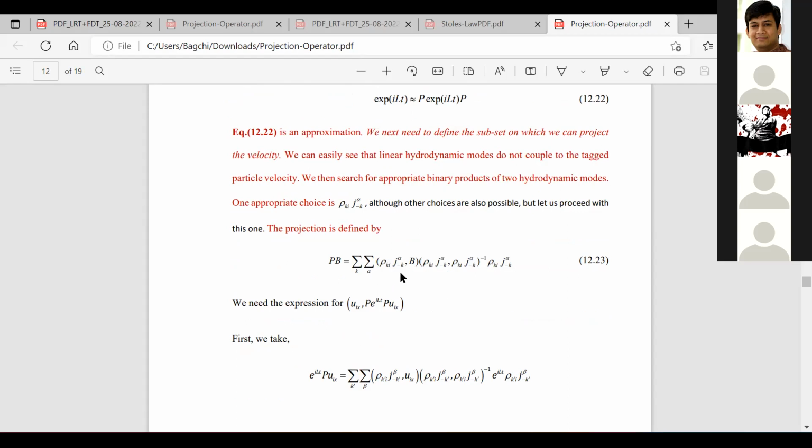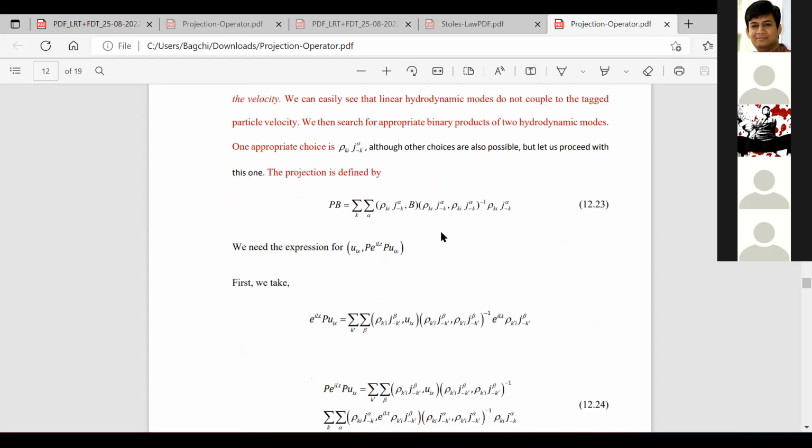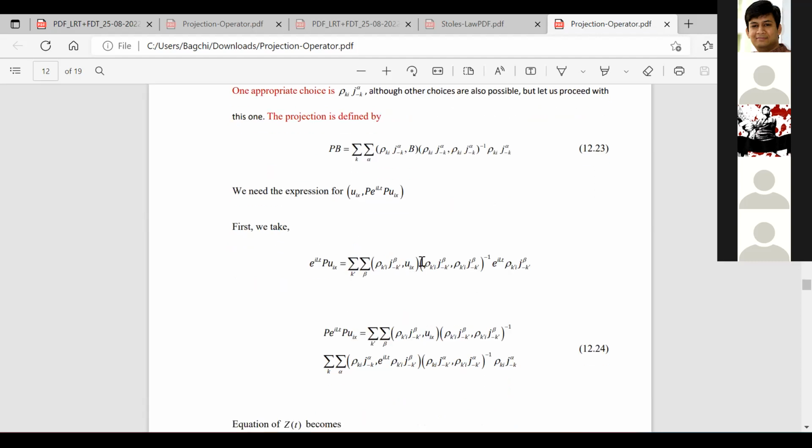And what happened now? This quantity can be evaluated in a not too difficult way. We realize one thing: I put e^{iLPt}, and this is the quantity I have to evaluate. These brackets go to the denominator.